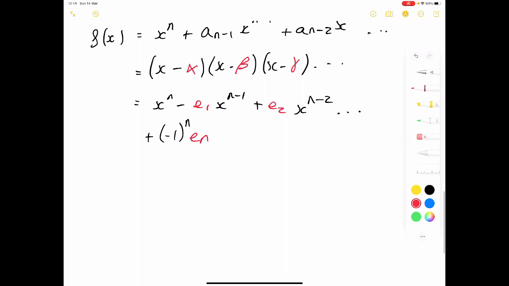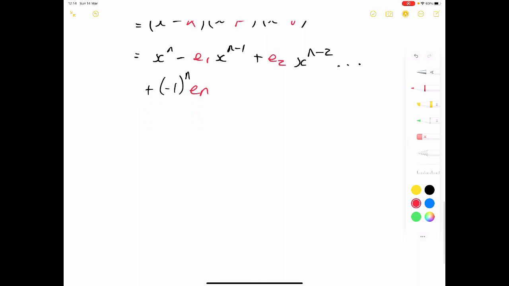And let's substitute in the roots alpha, beta, and gamma and sum them all together. And as we know from factor theorem, if we do f of a root, that will always be equal to 0. So the sum of all these things will be equal to 0.